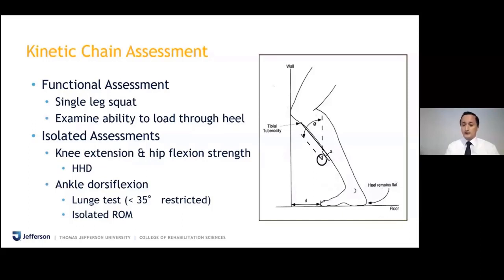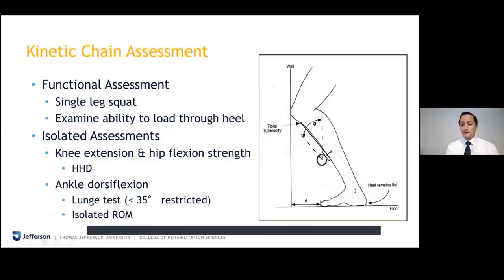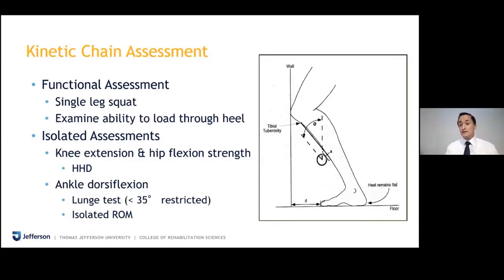We take the width of the foot away from the wall, keep our heel flat on the floor, and go down until our knee hits the wall, and we can measure the angle of our shin. That angle in normal cases should be greater than 35 degrees. If it's less than that, it's typically restricted ankle dorsiflexion range of motion. This is a little more functional, from the position that you're actually in when you're pitching, but you could look at isolated range of motion within that ankle as well.